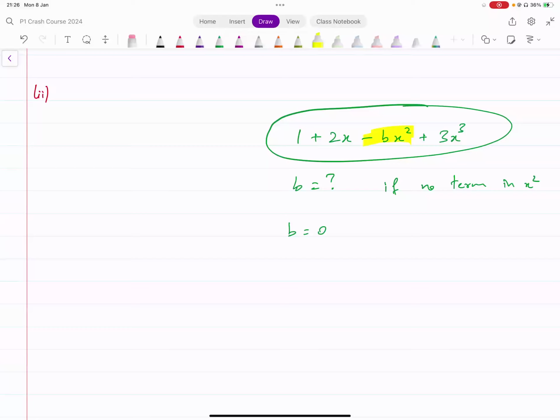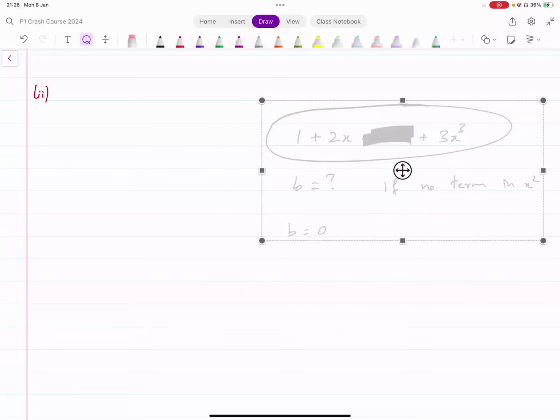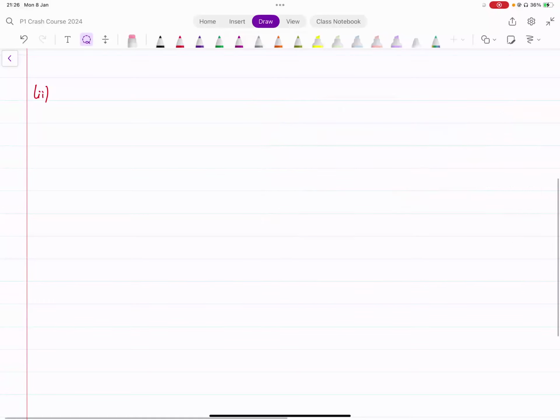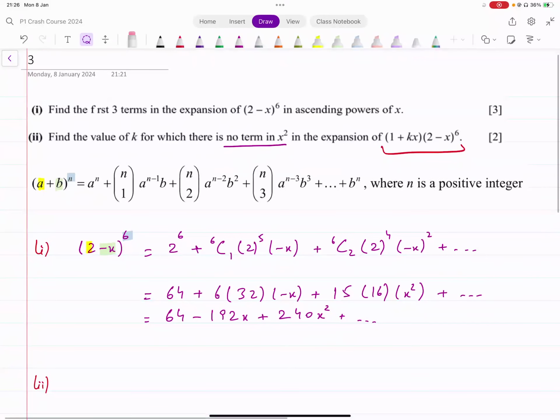All right? So that's the idea that we have to use here as well. We need to make the coefficient of x squared equal to 0. So if they're saying there's no term in x squared, they're telling us that the coefficient of x squared is equal to 0.